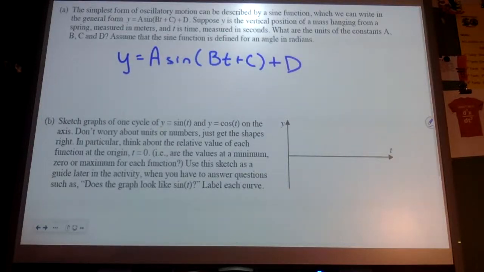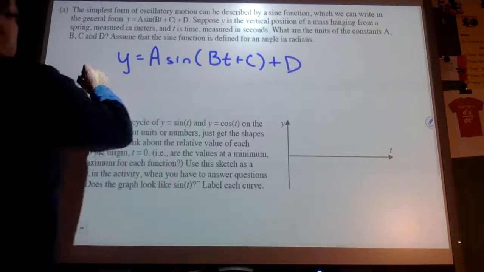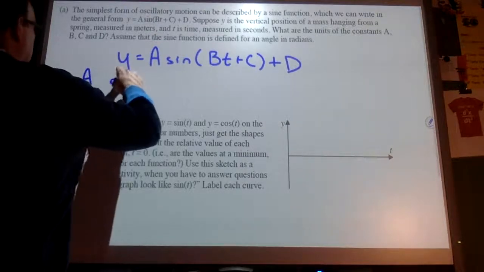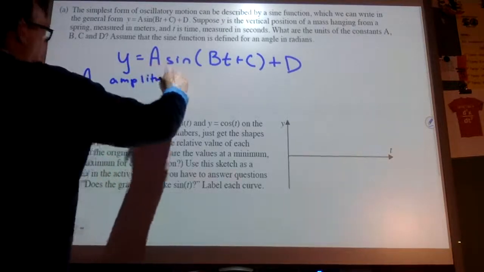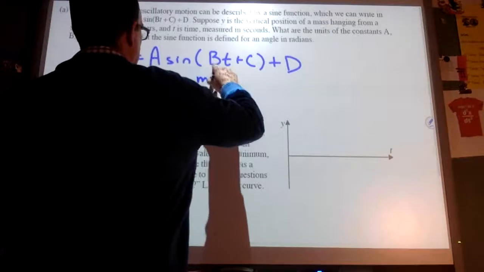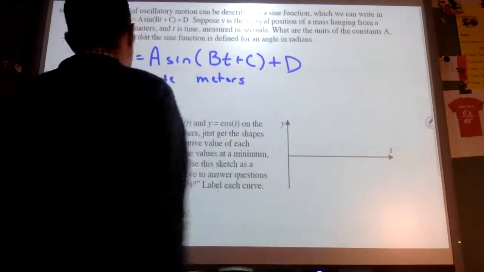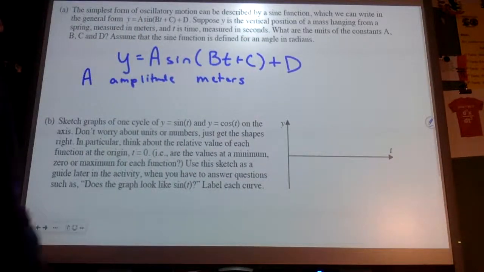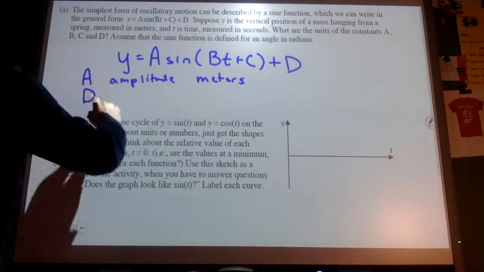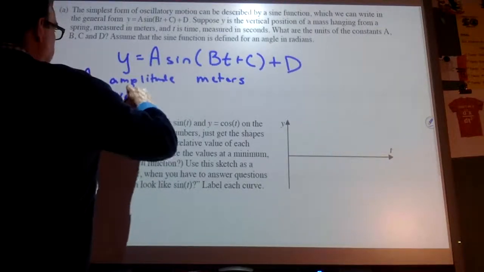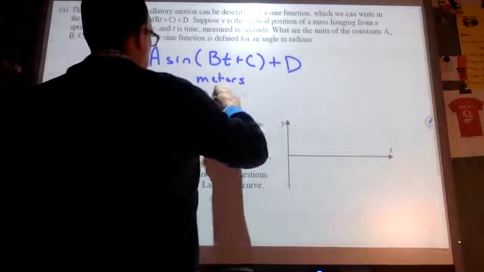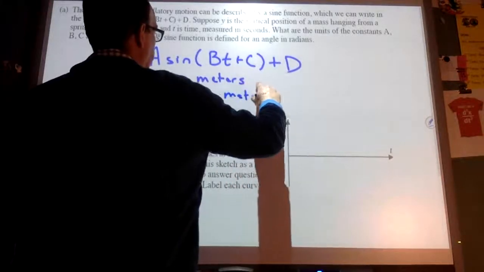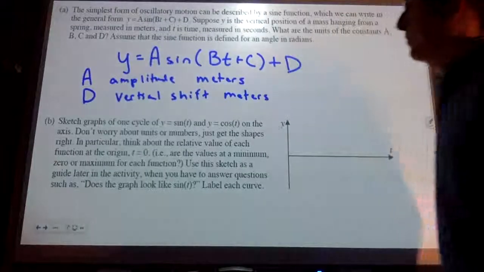So we already know that A is going to be the amplitude, and that is going to be measured in meters. So that means that D is going to be our vertical shift. That's also going to be measured in meters.